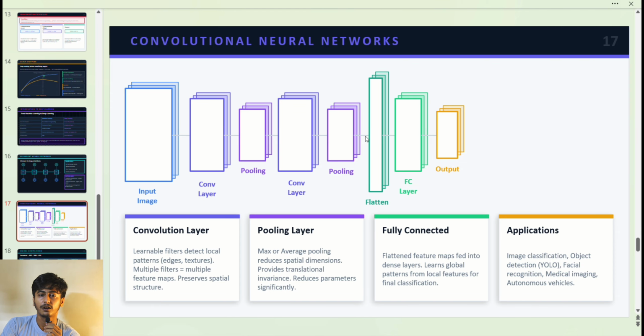As you can see, this preserves the spatial structure of the image. We then use pooling layers to reduce the dimension and computational load, focusing only on the most important features. Finally, the fully connected layer at the end uses these extracted features to classify the image. This architecture is the backbone of everything from facial recognition to autonomous driving.